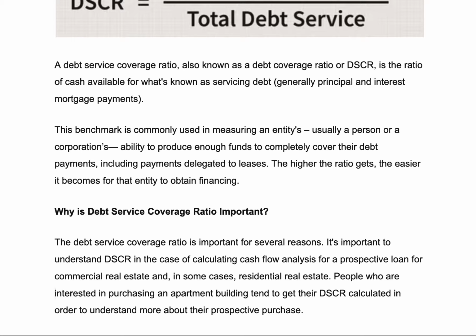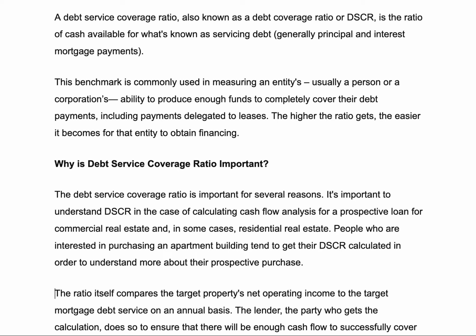So why is that important? Well, it's important for a few reasons. The first one is that in the calculation of cash flow on a loan in commercial real estate, and in some cases even in residential real estate, people who are interested in purchasing an apartment building calculate the debt service coverage ratio to understand more about their purchase and to find out if it's financeable at a bank.